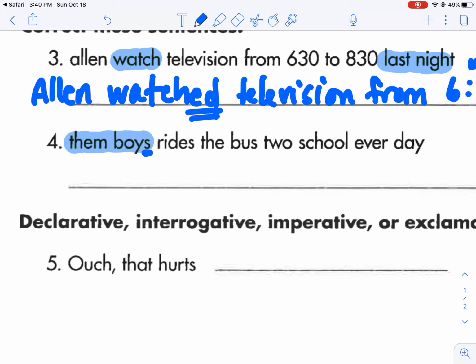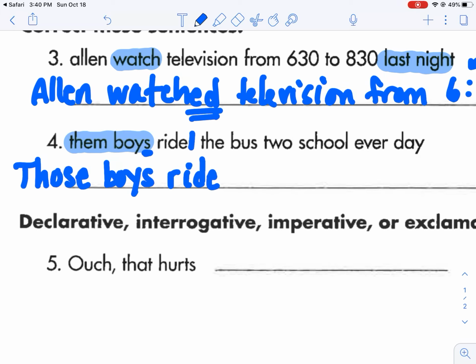Also, boys is plural, so we want to change the first word to a plural subject adjective, telling us that it's more than one. Those boys. Since it is boys, we do not need the S on our verb ride. We don't want to say rides, we just leave it at ride. You only need the S if it's he, she, or it, but not something plural. Those boys ride the bus.